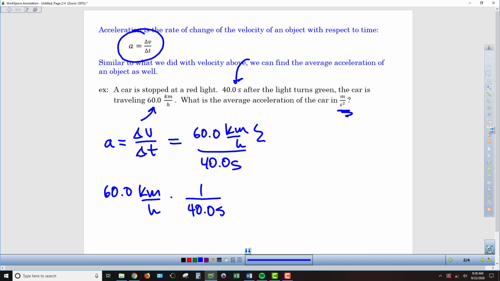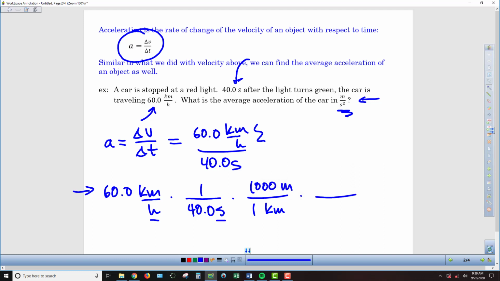I can also see that my dimensions are on track for being where I need them to be. I've got distance in the numerator, and then I have 2 time units in the denominator, so I am going to end up eventually, after I'm done with my conversions, with length over time squared, meters over second squared. For my conversion factors, I've got to get that kilometers into meters. We know that 1 kilometer is 1,000 meters.